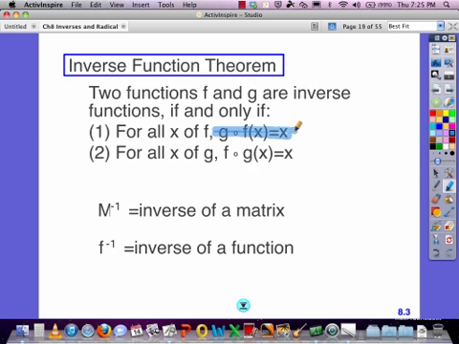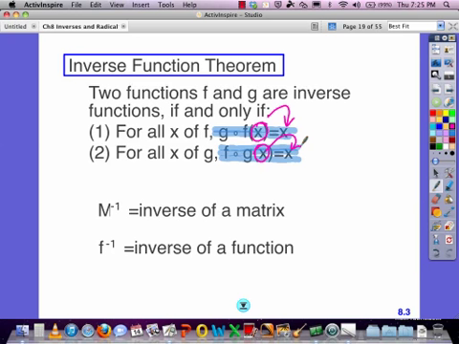And you have to do f of g of x, the composition, and it also has to come out to x. So what that says is, whatever you started with in your function, the x, that's my starting point, that also has to be my outcome. And if it's not, then these two rules are not inverses of each other.